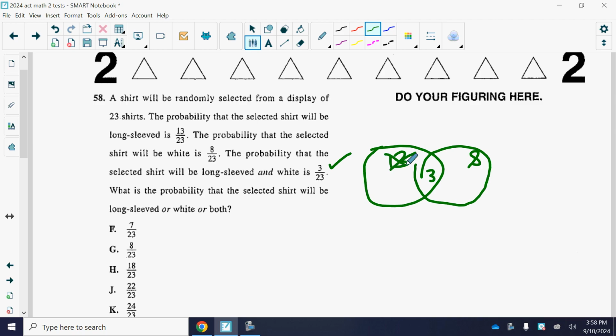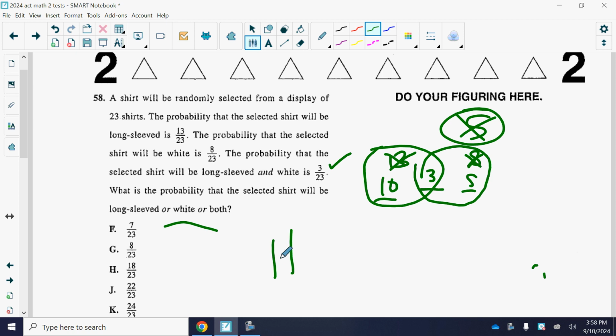So there are 10 that are long sleeve and not white, and there are 5 that are white and not long sleeve. 10, 13, 18, there are 5 that are neither. But the answer is the chance that it's one or the other or both, which is the addition of these. So this is a repeat question, y'all. It's 18. 10 plus 3 plus 5.